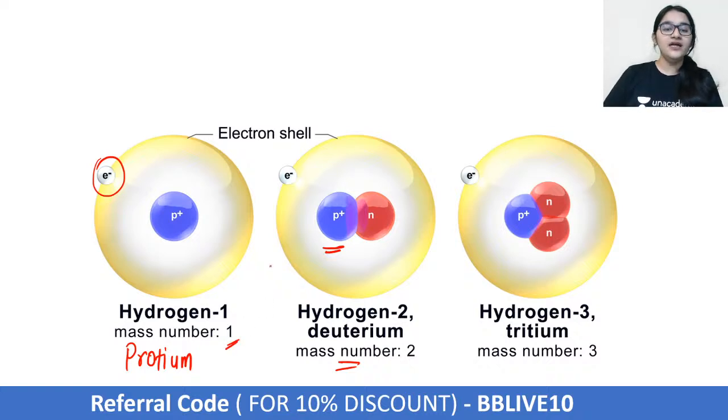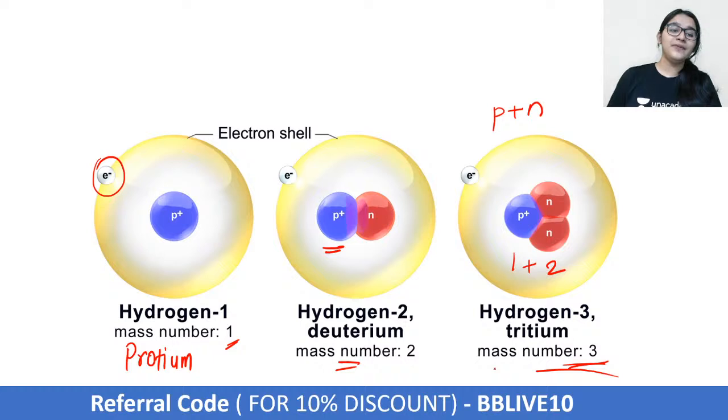Similarly, when you look at hydrogen with mass number 3, what do you see? The number of electrons and the number of protons is the same, but what has changed? The number of neutrons. Over here it has 2 neutrons, and the mass number is protons plus neutrons, so it is 1 plus 2, and that is why the mass number is 3.